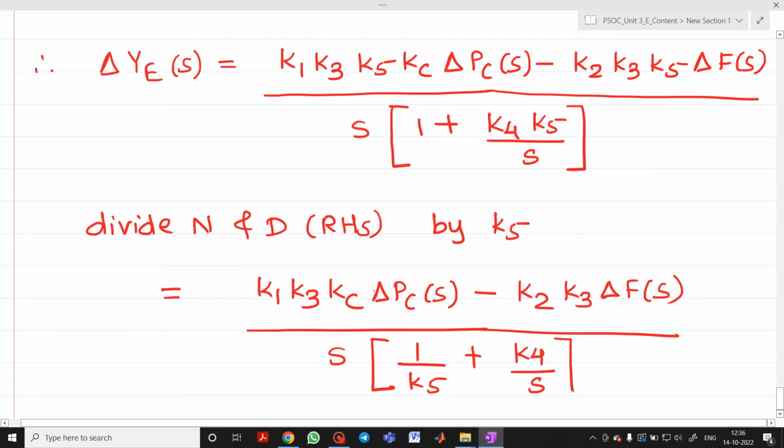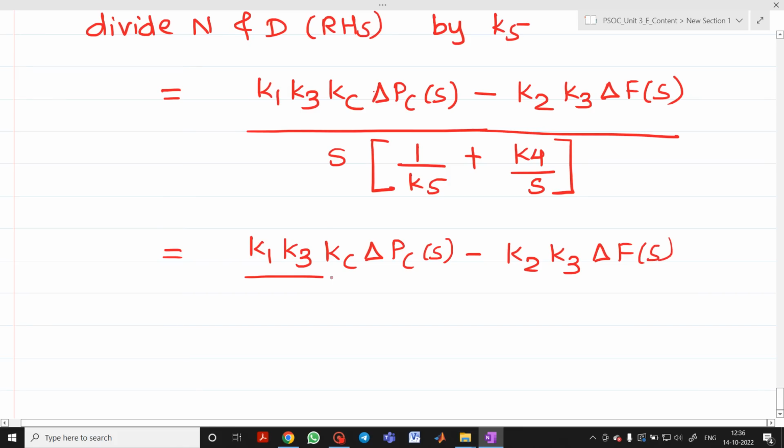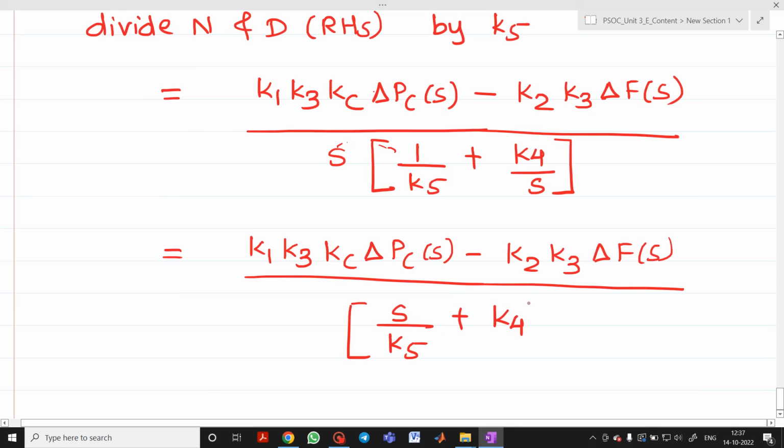If I multiply this s inside, then I can write it as k1, k3, kc, delta pc of s minus k2, k3, delta f of s as it is, numerator as it is. I am going to multiply this s inside, so it will be s upon k5 plus k4.